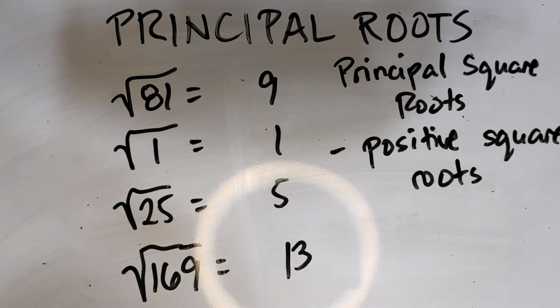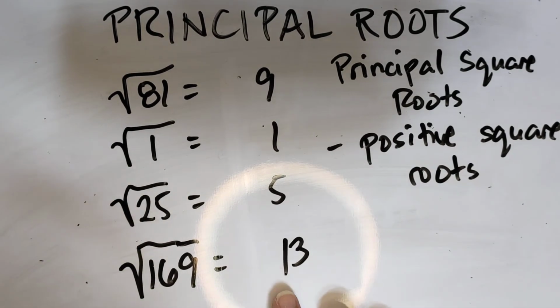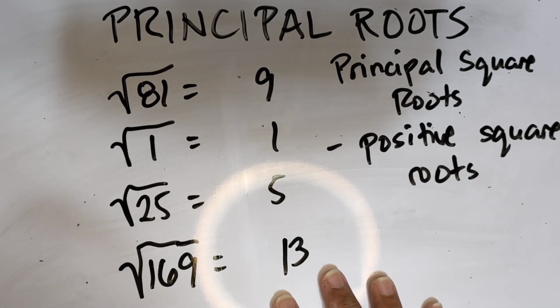Okay? So, ulitin natin. Pag sinabi mong square root, pwede siyang positive or negative. When you say principal roots or principal square roots, we are only dealing with the positive square roots. Ganun lang siya. Okay? Ganun din sa mga irrational numbers. Okay? So, these are rational numbers. So, I hope naging clear sa inyo yung principal square roots.